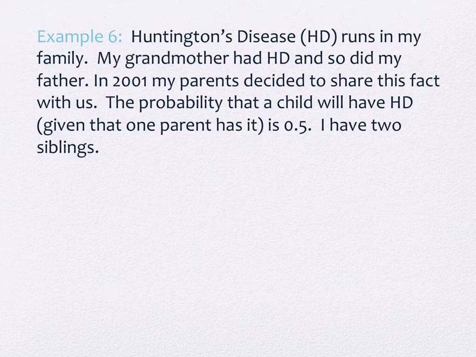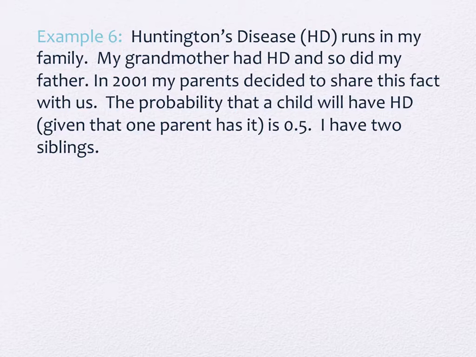My grandmother had Huntington's disease and passed away, it's been 15 years ago. In 2001, my parents decided to share with us that it was Huntington's disease that she had. So it was before she had passed away, but they told us about that.